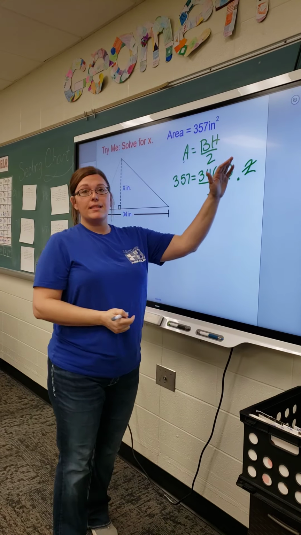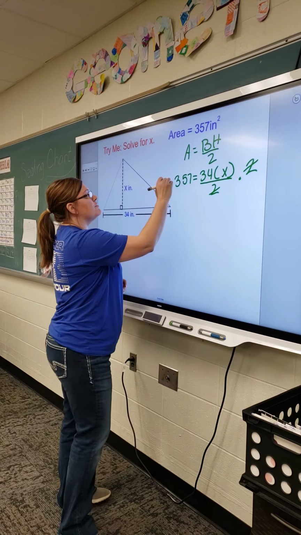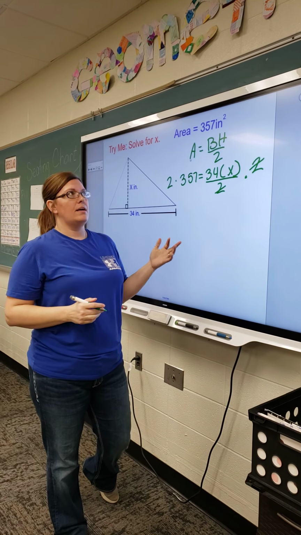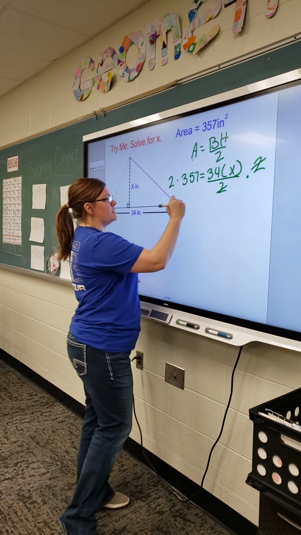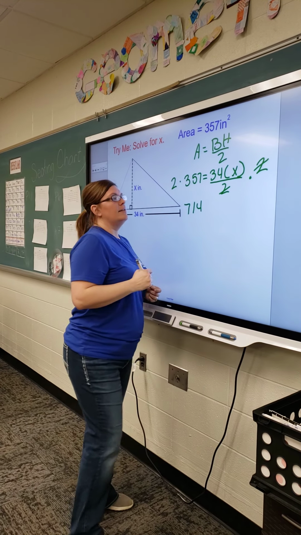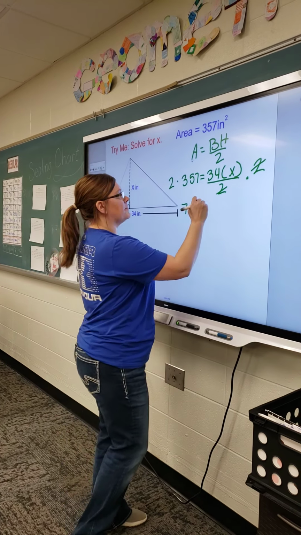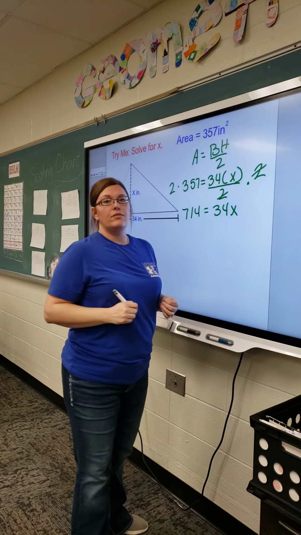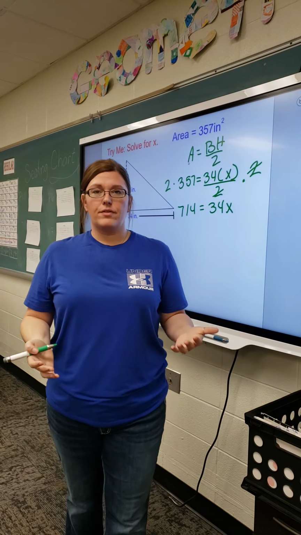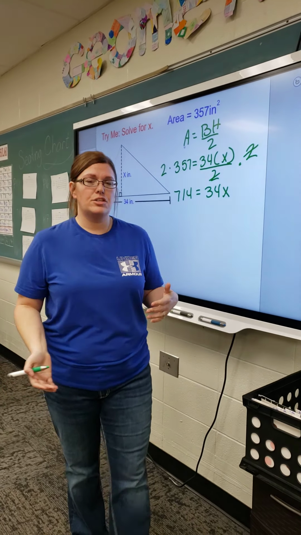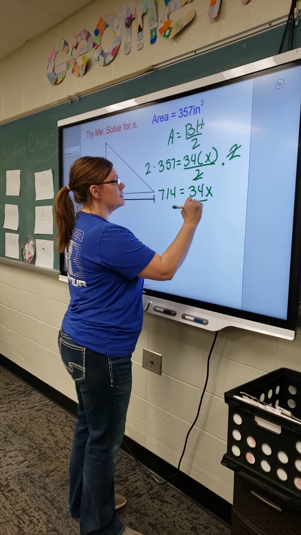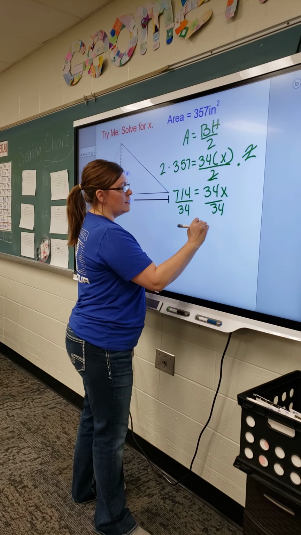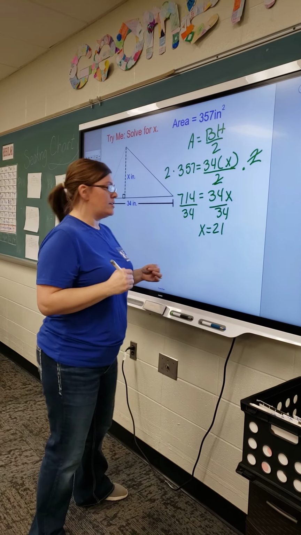So if I multiply this side by 2, I have to multiply this side by 2. 2 times 357, 714, equals 34x. How do I solve for x? I divide both sides of the equation by 34. And I think I get x equals 21.